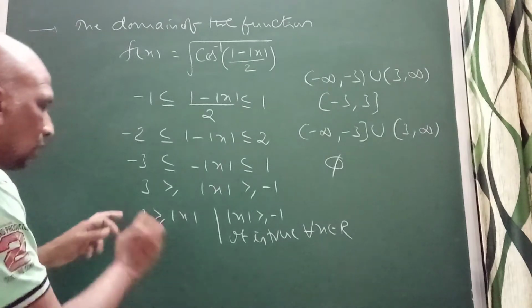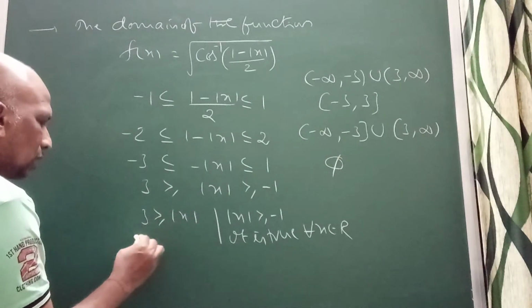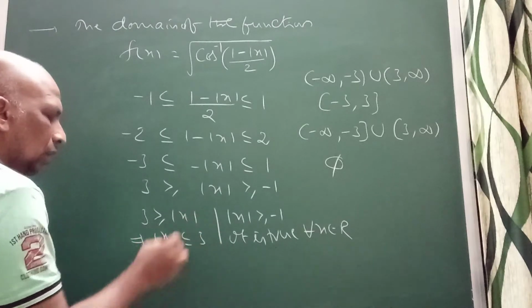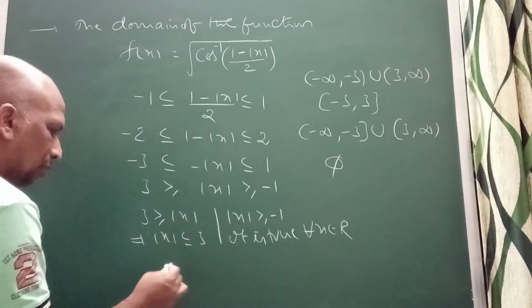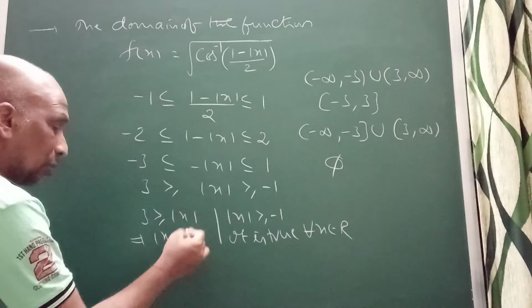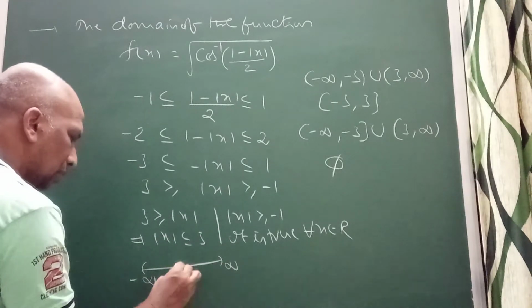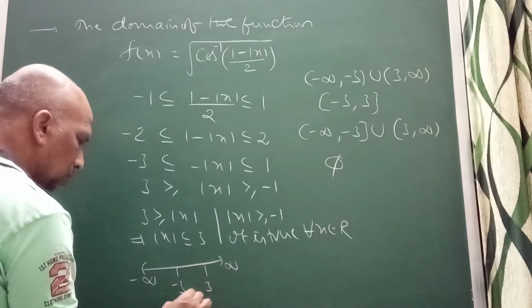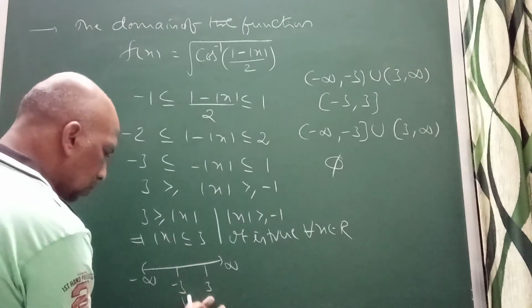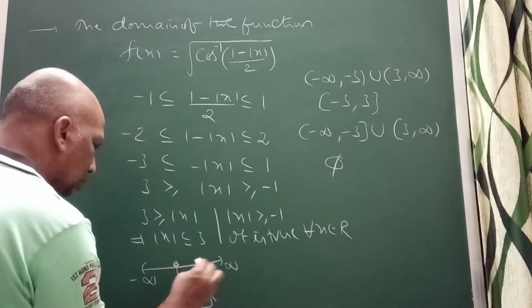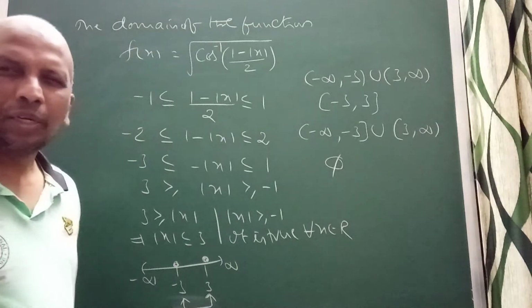But you can see here this one implies mod x less than or equal to 3. So here what is less than or equal to 3 lies between minus 3 and 3. So I can consider between minus 3 and 3, including these values, correct?